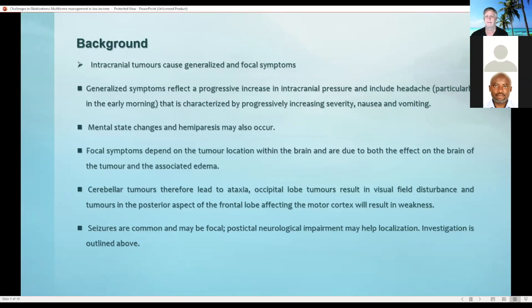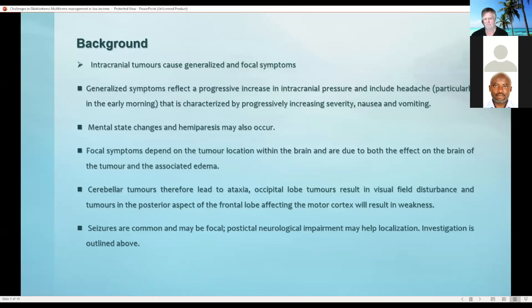Cerebellar tumors lead to ataxia. Occipital lobe tumors result in visual field disturbance, and tumors in the posterior aspect of the frontal lobe affecting the motor cortex will result in weakness.